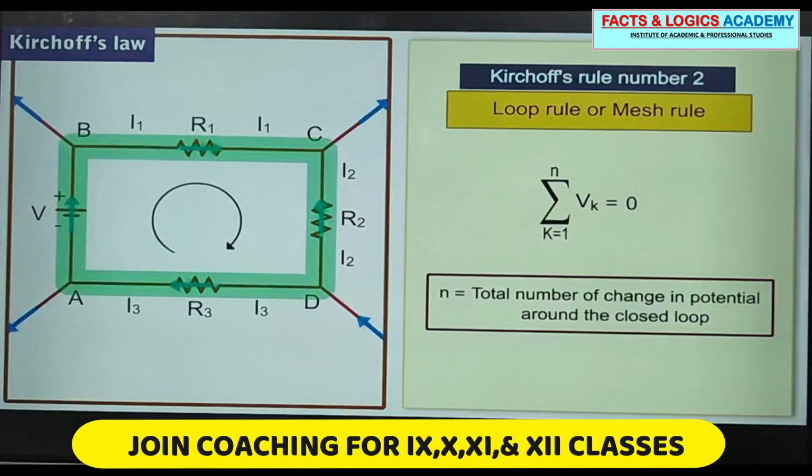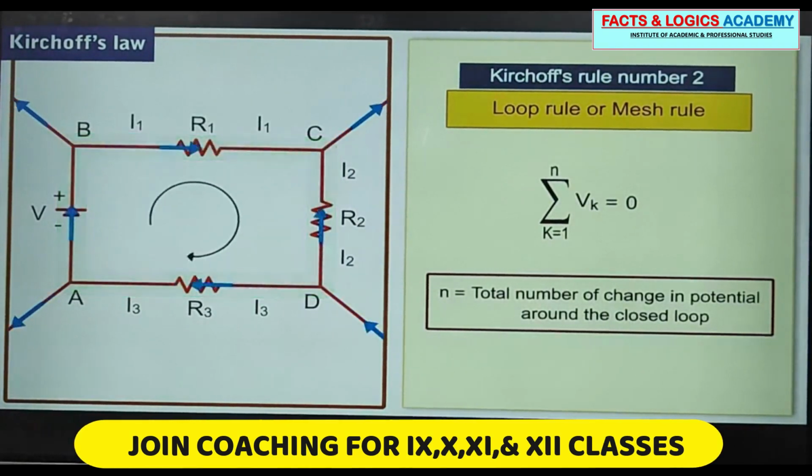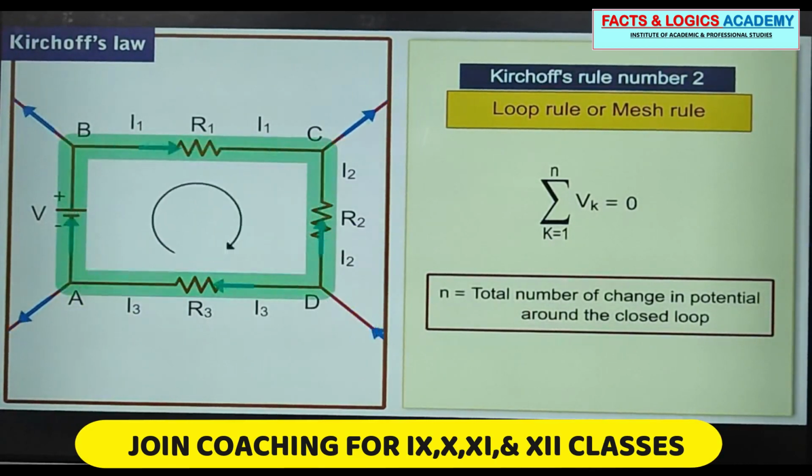ABCDA is one of the closed loops in a complicated circuit. Starting from any point in the loop, we walk through the loop either in the clockwise or anti-clockwise direction and write down the change in potential. Let us start from point A and walk through the loop in the clockwise direction, that is ABCDA, and note down the change in potential.